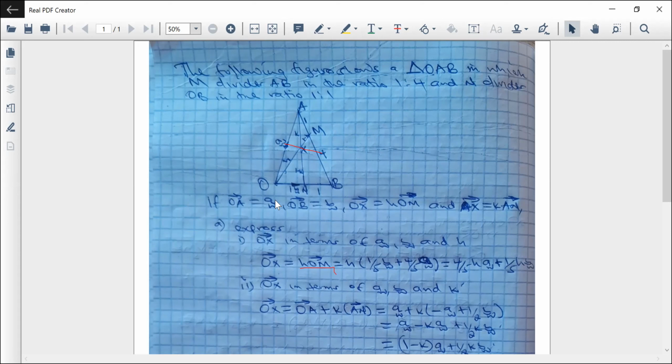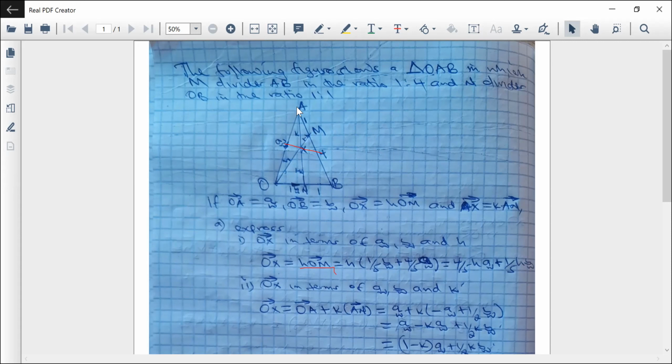I will repeat. I said vector OX is H vector OM. So we consider this line to get vector OM.